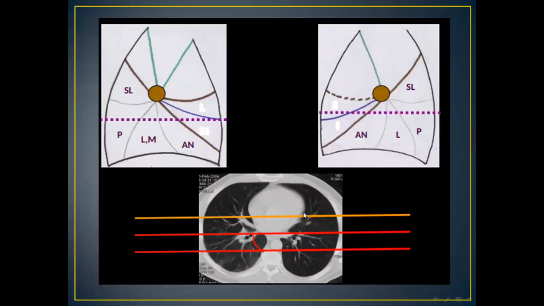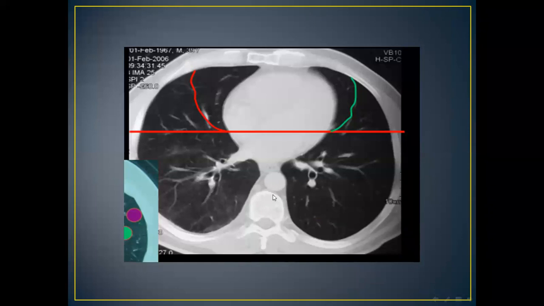On the left side, the lingula is further subdivided into the inferior segment and the superior segment. The inferior and the medial are near the heart. This is again the division of the middle lobe into medial and lateral, and the division of the lingula into inferior and superior.